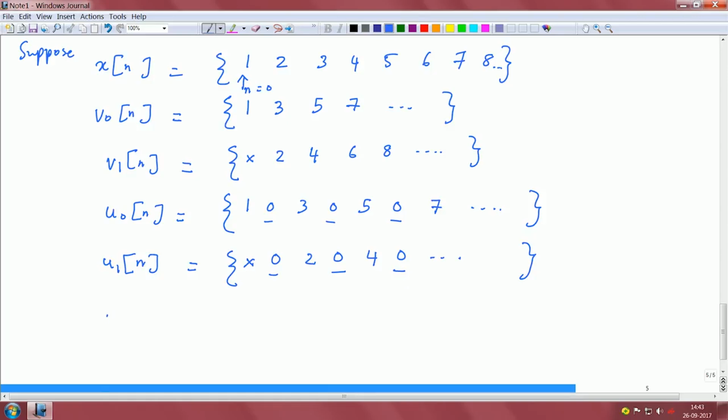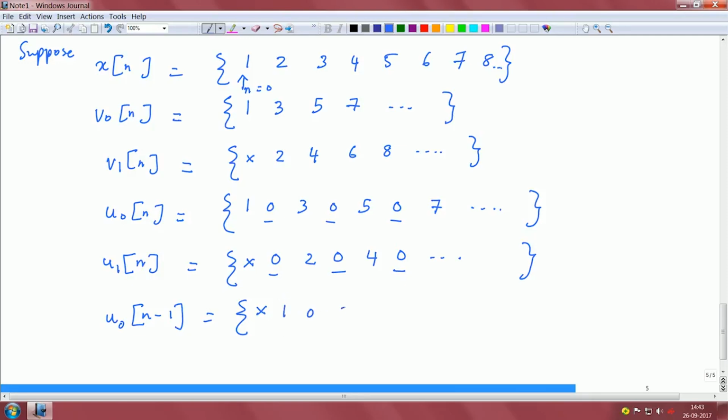Now you have a delay element for u naught of n, right, because u naught goes through the filter f naught of z, and therefore you get u naught of n minus 1. And u naught of n minus 1 is maybe some element in the past, I call some x, right, because there is a delay, therefore something before n equals 0 is what I am going to get. Then I am going to delay it.